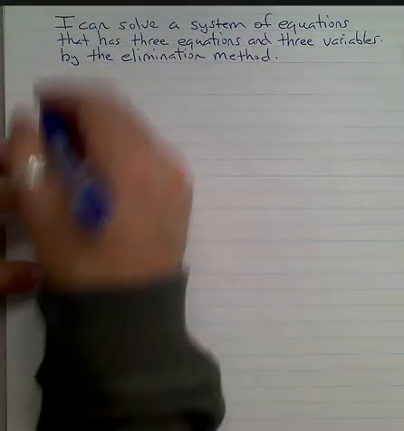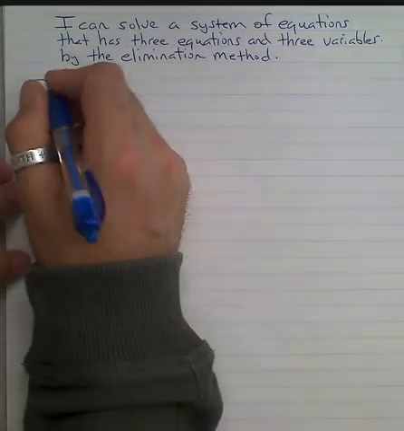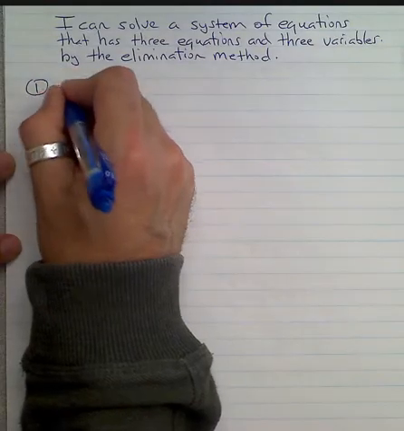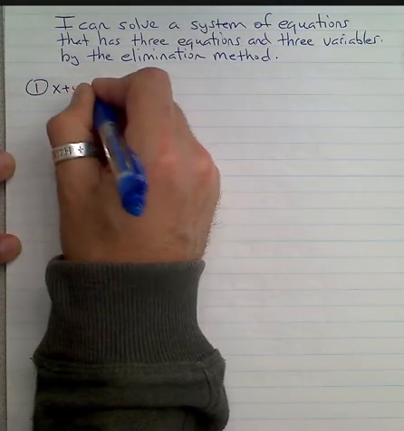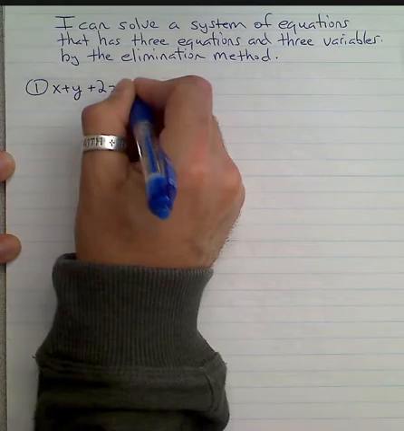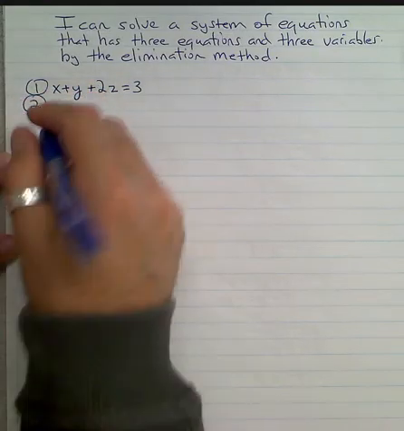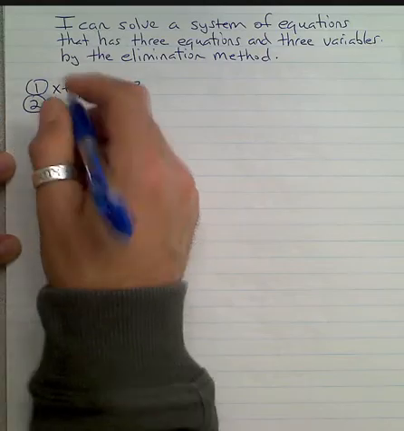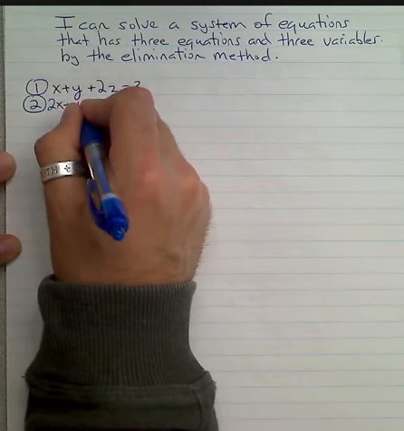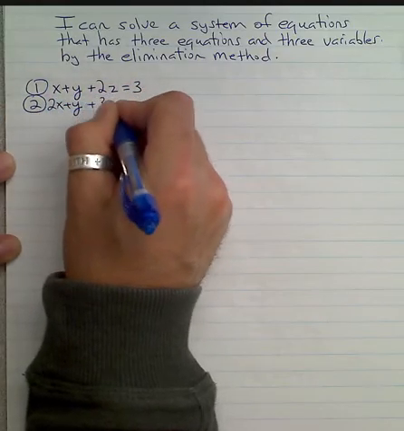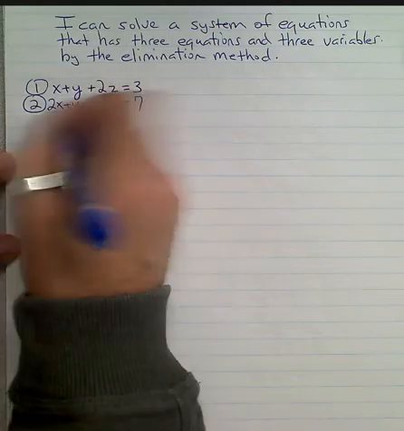My first equation is x plus y plus 2z equals 3. My second equation is 2x plus y plus 3z equals 7.